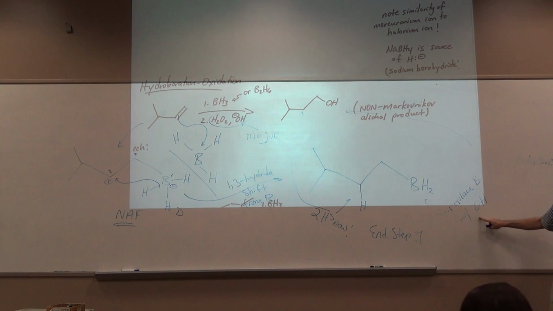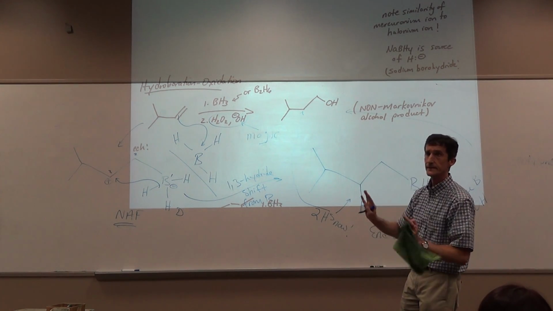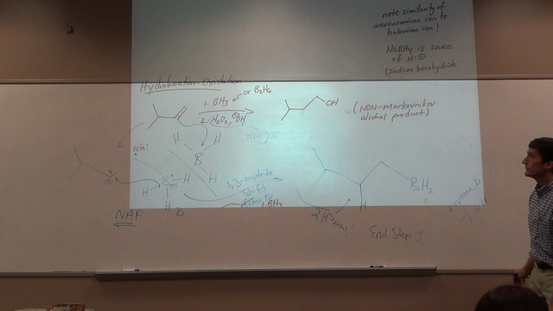What does the second step of the hydroboration do? It replaces the boron with OH. We're not going to do the mechanism because it's very unique and we'll never see it again. It's not worth looking at. We may show it in the book.